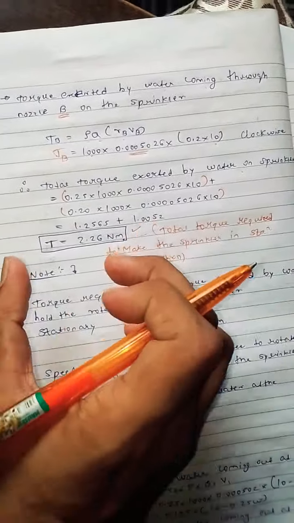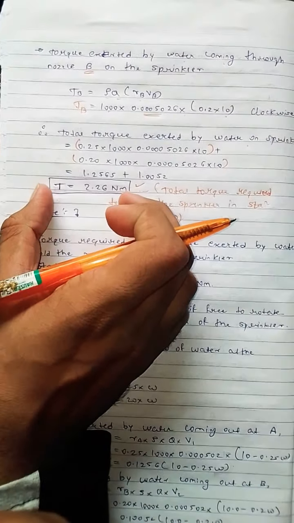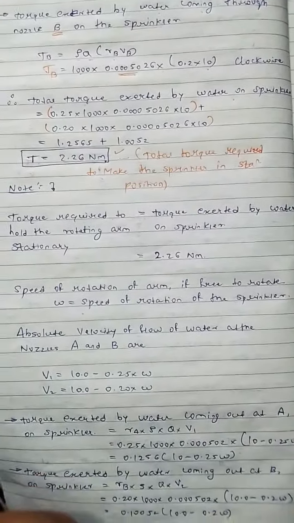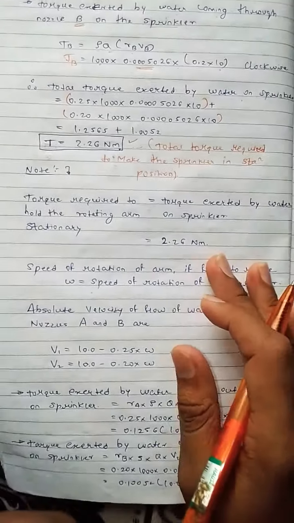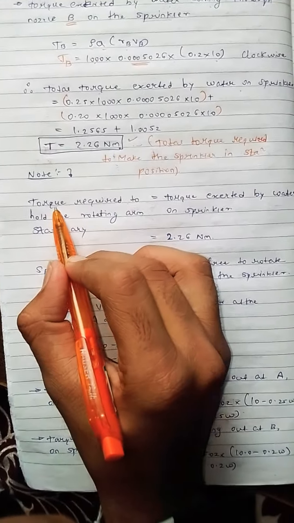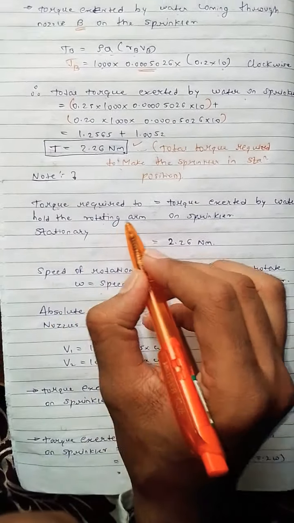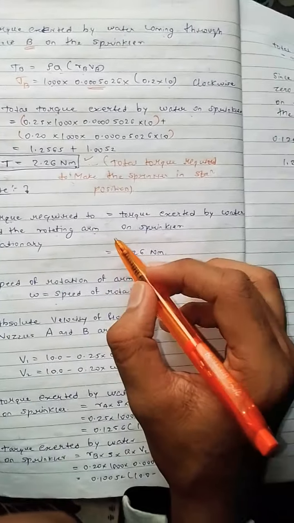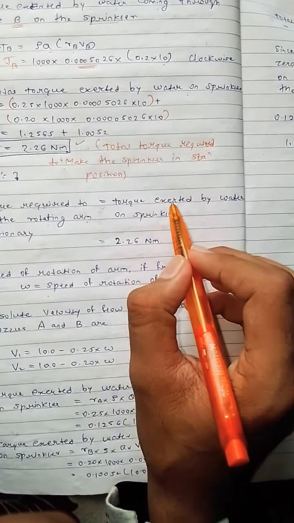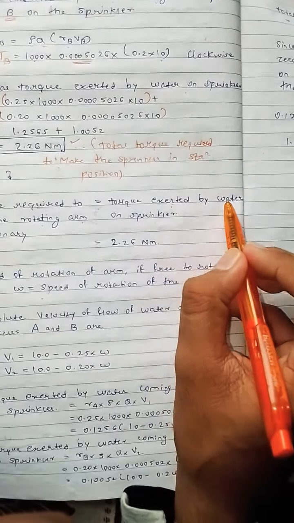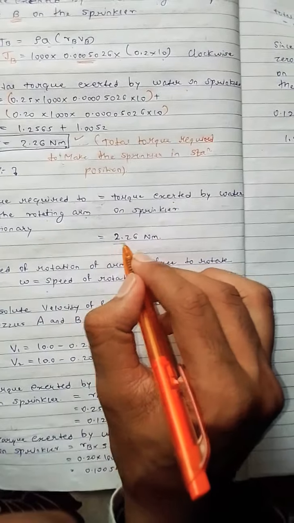Means what? This amount of torque will be required to stop the sprinkler, correct? See, note: the total torque required to hold this stationary arm equals the torque exerted by the water on the sprinkler. So this will be the value.